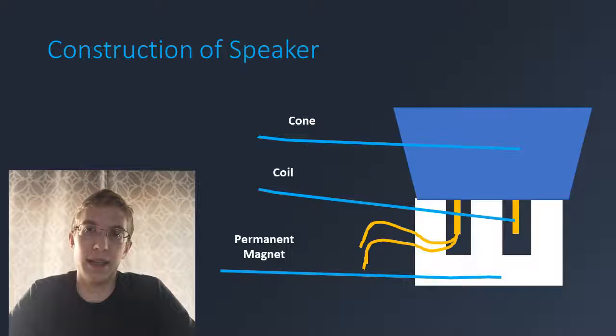Because the input to the system is varying with a frequency, the field in the coil is going to be alternating with that frequency. And with the magnet inside the speaker, the cone helps to generate sound waves at the frequency of the input signal. As long as this frequency is within human hearing range, we interpret it as sound.